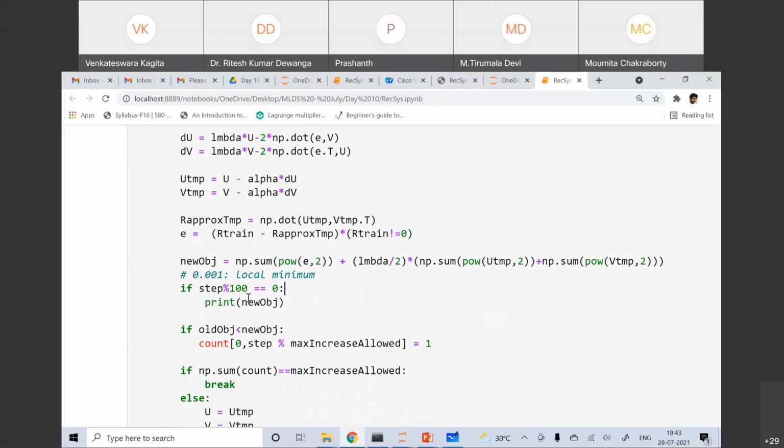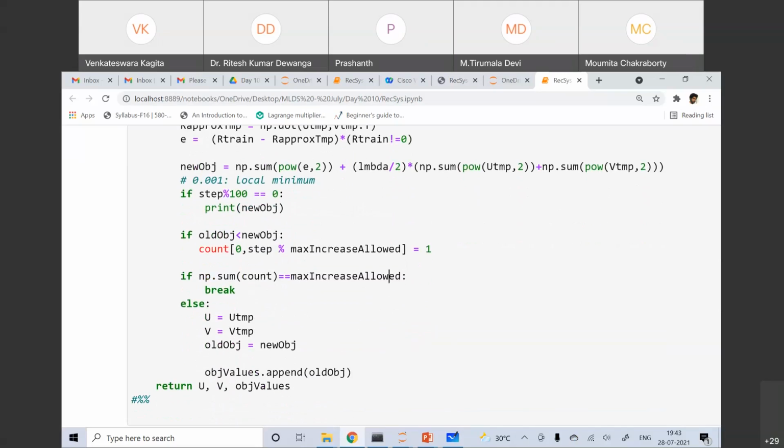If the old objective is less than the new objective, it means the objective is increasing in slope. Then you count it. If the count is equal to the maximum increase allowed, then you break the loop and terminate. This is the termination condition that I am defining.